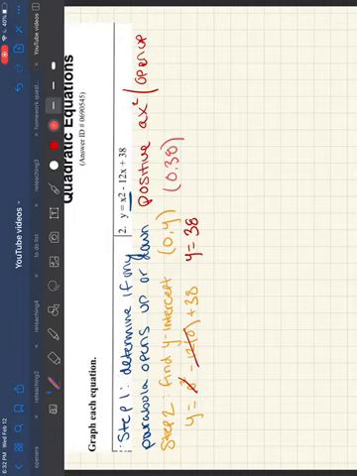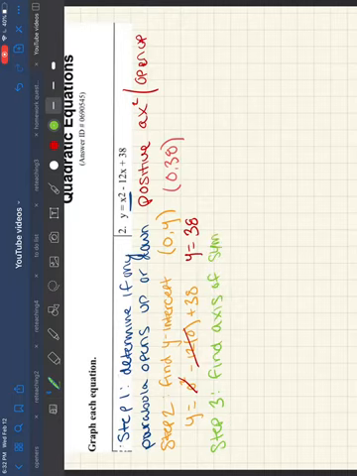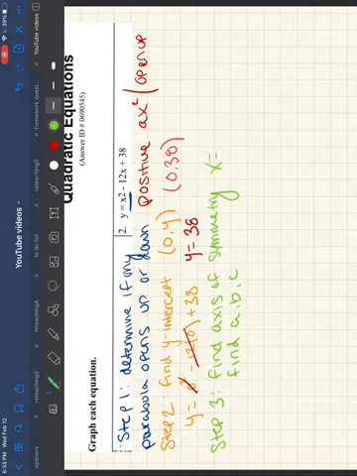Next, I need to find the axis of symmetry. With this, I need to find my a, b, and c's. So the axis of symmetry will be x equals negative b over 2a.